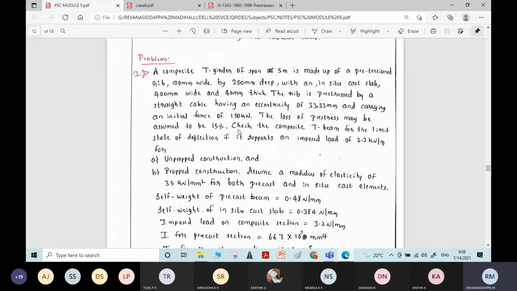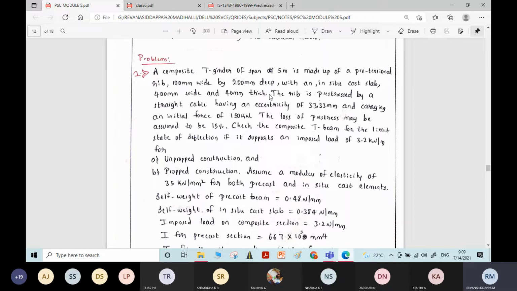Then it is asked to check the composite T-beam for the limit state of deflection if it supports an imposed load of 3.2 kN per meter. That means we have to find the actual deflection of the T-beam for the given loading condition. That deflection should be compared with the limit state deflection. Limit state of deflection means there is a limit specified for the deflection, that is span by 250.